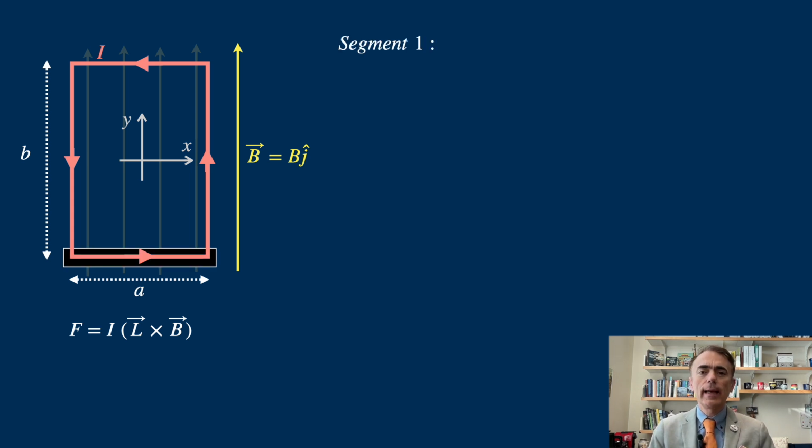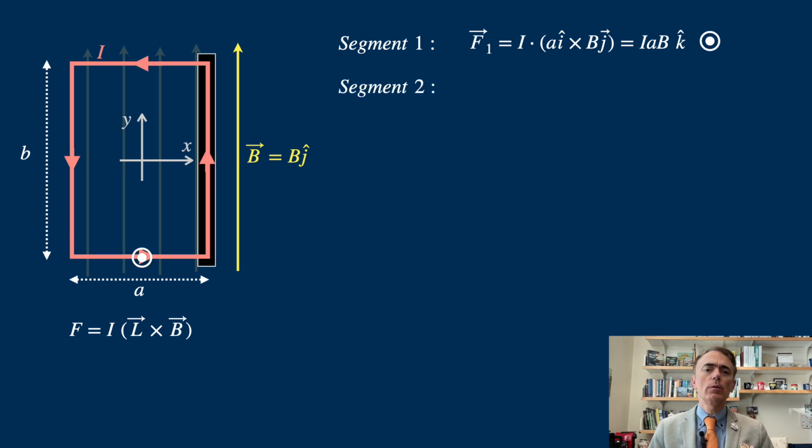Segment 1 lies along the x-axis from minus a over 2 to plus a over 2, length a directed along the i hat with current I. The force on this segment, F1, is I a i hat times B j hat. This force points in the z direction, upward out of the plane.